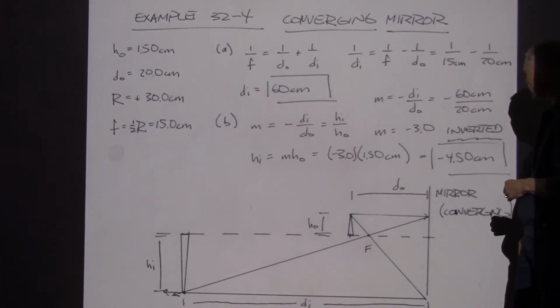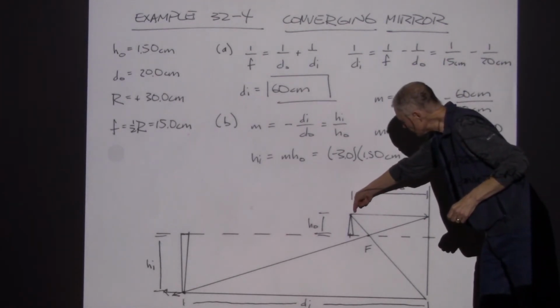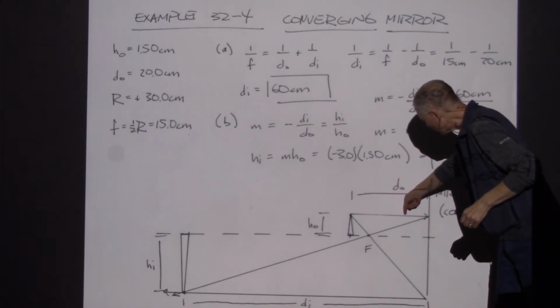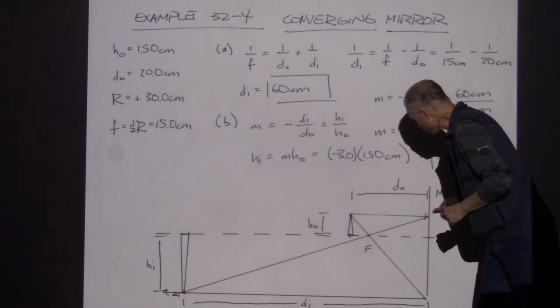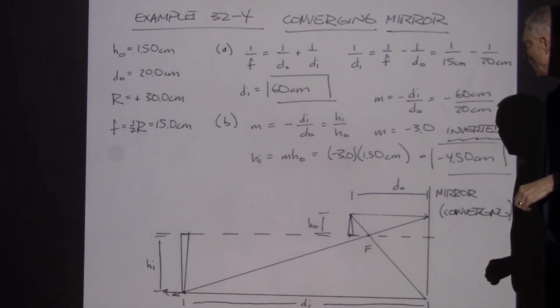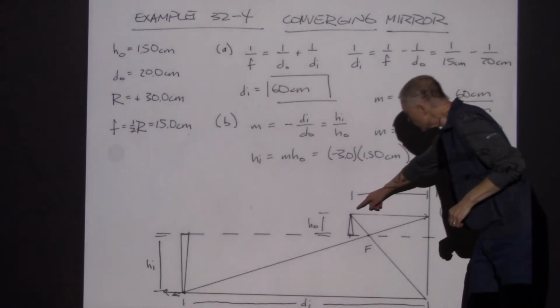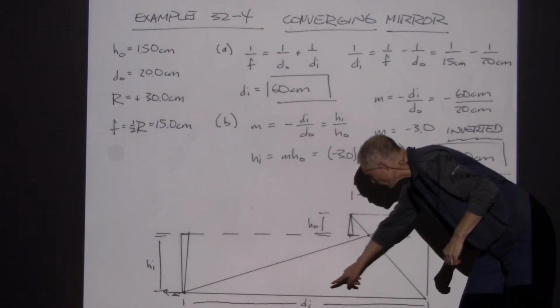I put all that stuff in. And then I did those two lines that we talked about. Talked about a path coming in parallel. And then since it's a converging mirror, the return light goes through the focal point. Okay, path number one. Path number two is going through the focal point on the way in, and then coming out parallel on the way out.